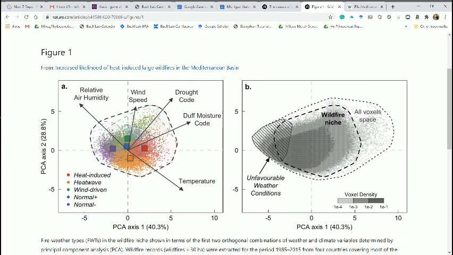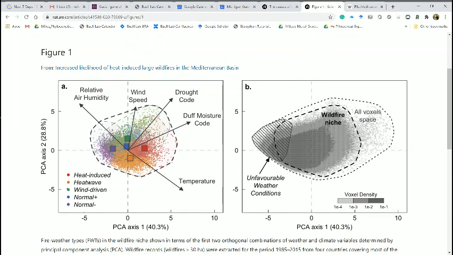Just a way of reducing the complexity of your data set, putting it into a form you can actually visualize and see clusters in. So it looks like they included these 5 variables in their principal component analysis, and they're showing the 2 principal components that explain the most variation in their data.